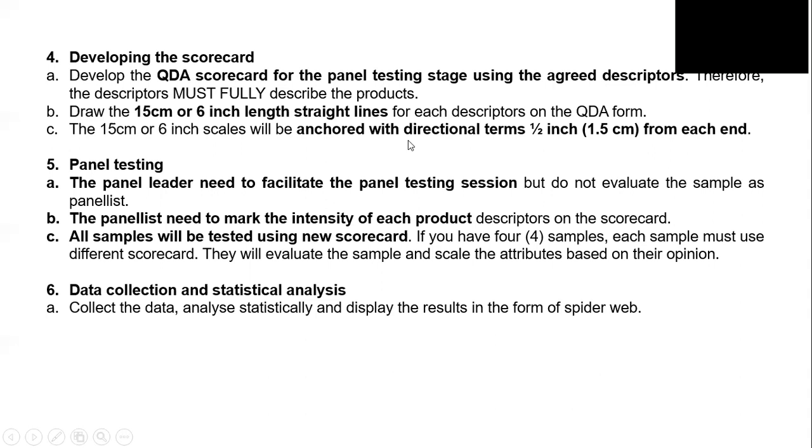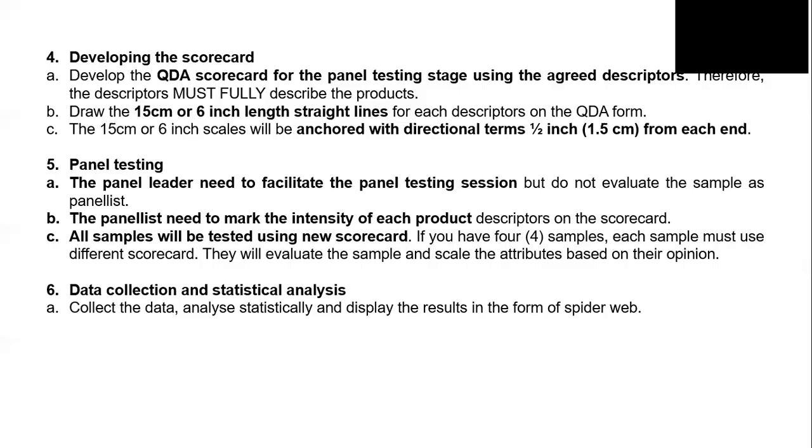So now we already have a scorecard or score sheet. In that score sheet, we have a line, and from the left hand side will be the lowest intensity that we discussed previously.